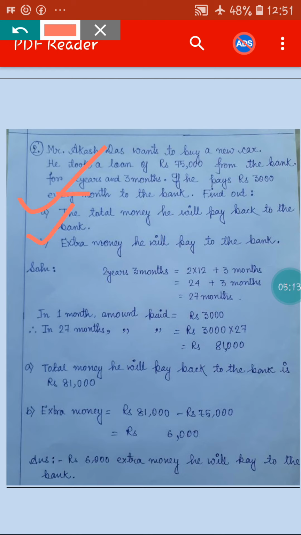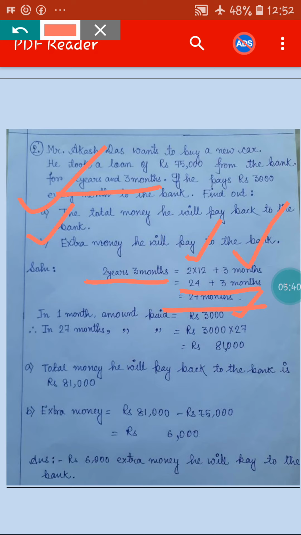As it is given here 2 years and 3 months, we will find out how many months 2 years and 3 months means. 2 years means 2 into 12, because in 1 year there are 12 months. So 2 years means 2 into 12 plus 3 months. That means 24 plus 3, that is 27 months. And now in 1 month amount paid equals to rupees 3,000.